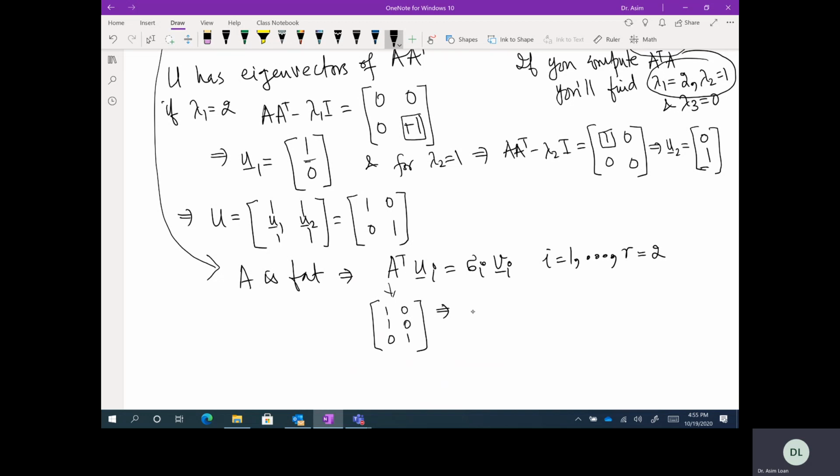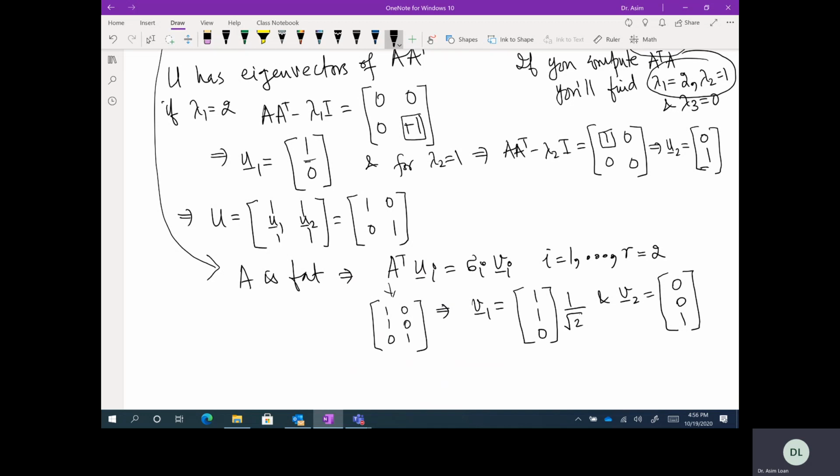So this implies V1 is the first column, which is 1, 1, 0, and I can normalize it. And V2, no need to normalize, this is already 1 only. V2 is I pick the second column, which is 0, 0, 1. Again, both are orthogonal, so don't need to worry.